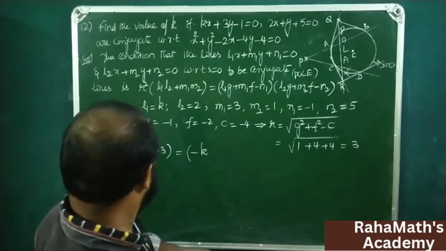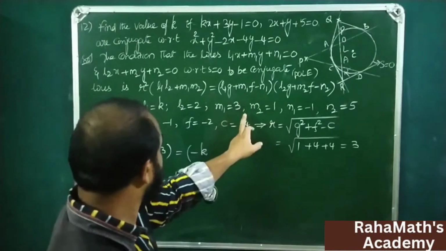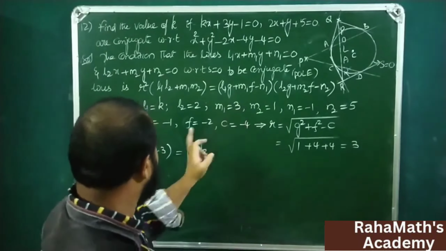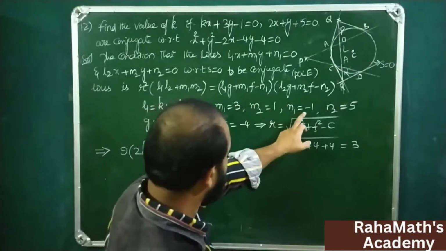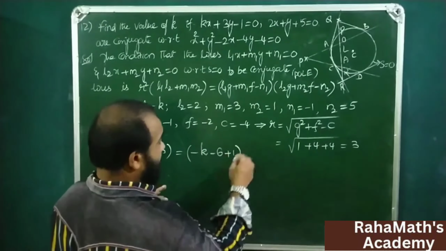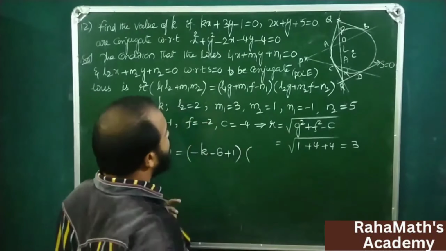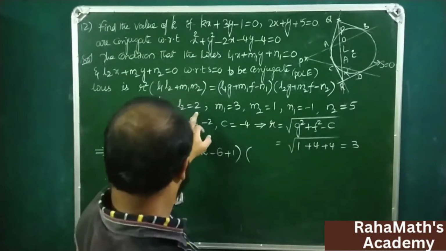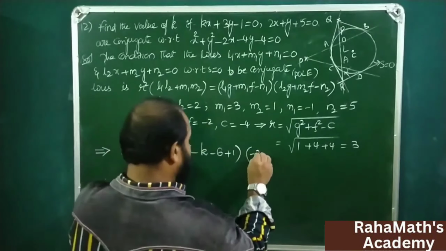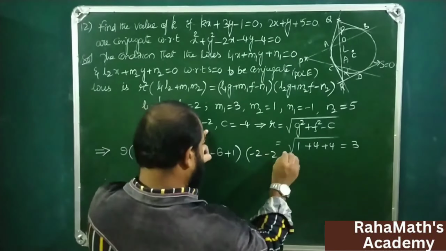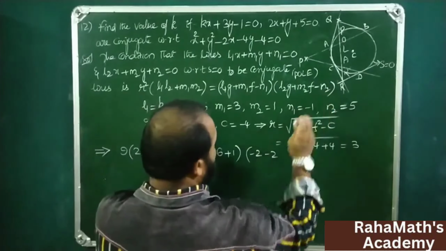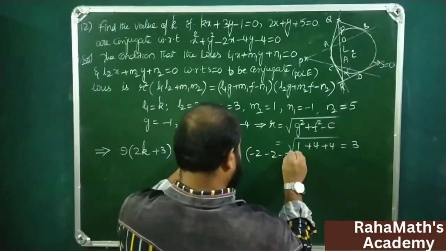So plus M1f: 3 into minus 2 is minus 6, minus N1: plus 1, minus of minus. Into L2g: 2 into minus 1 is minus 2, M2f: 1 into minus 2 is minus 2, minus N2: minus 5.